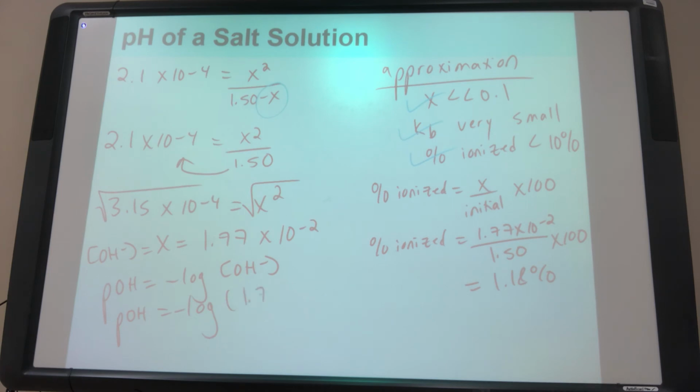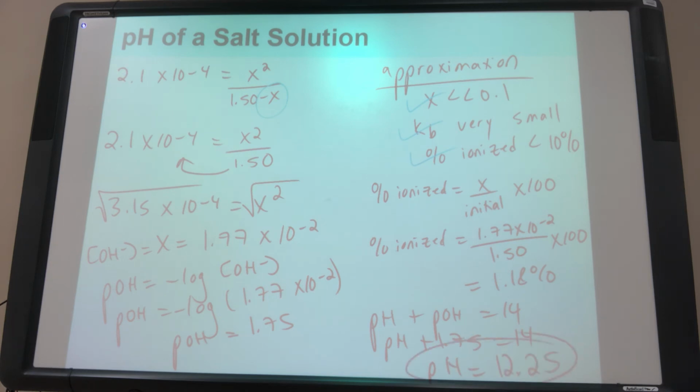So plug that in. I get my pOH to be 1.75. I want pH. pH plus pOH is 14. So my pH is 12.25.